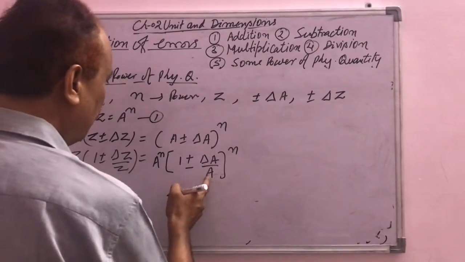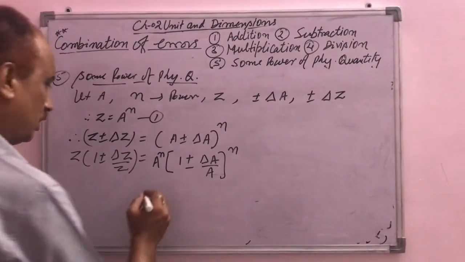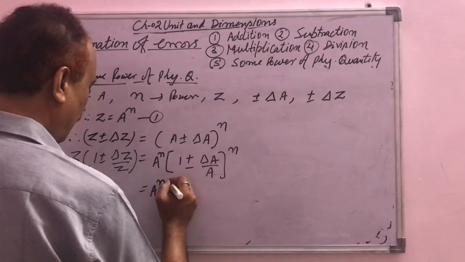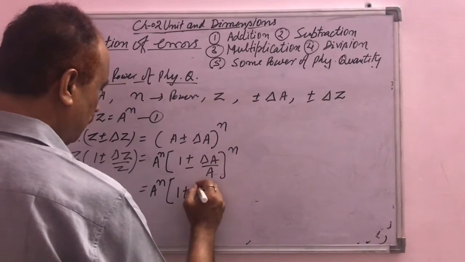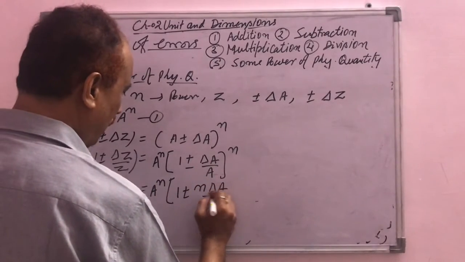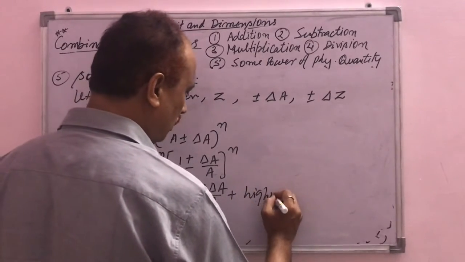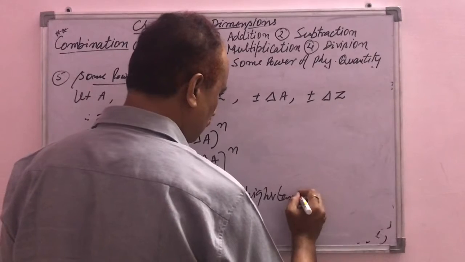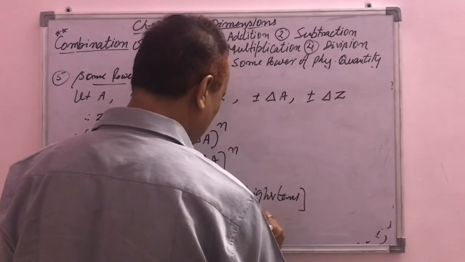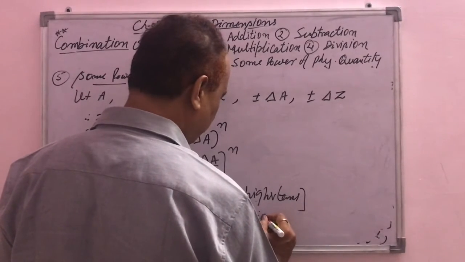Now again using the binomial expansion in this term, we'll get A to the power N into 1 plus minus N delta A upon A plus higher terms. We have to use here again the binomial theorem.